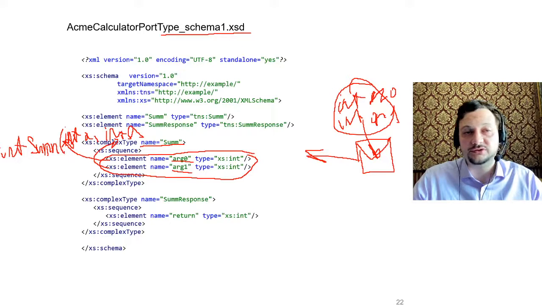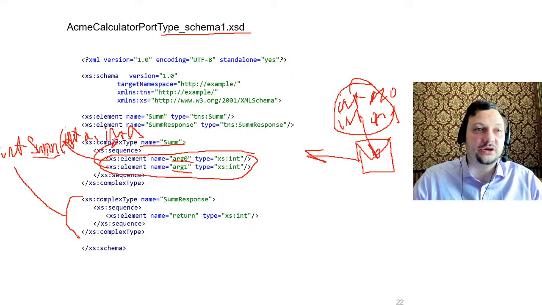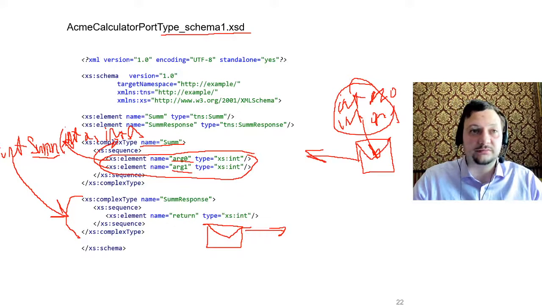Here are the names. And this sum would have one response message that would have one argument, integer. So we can see that these are the elements of our response message. We have only one element.